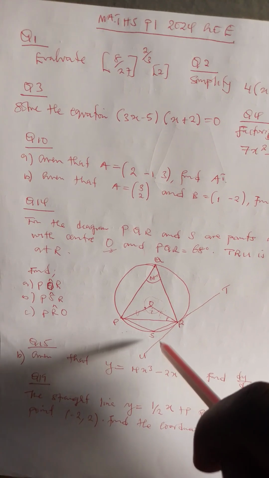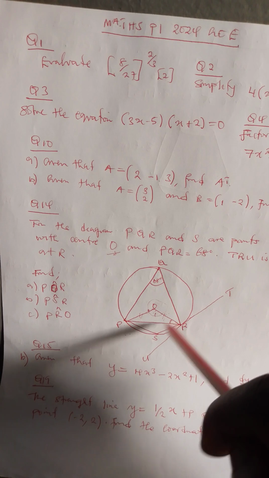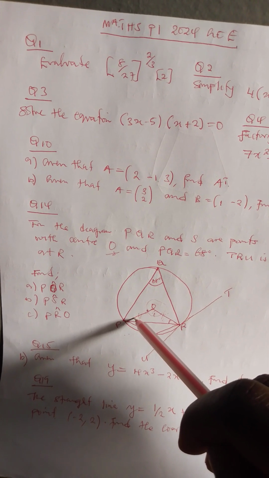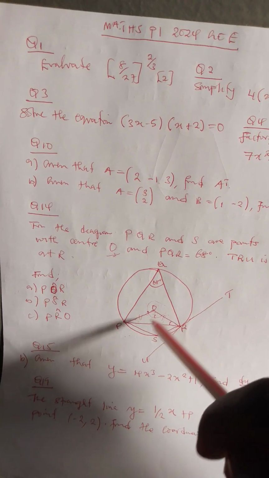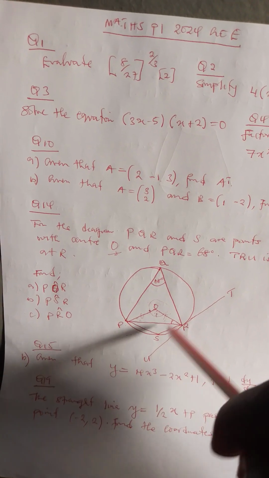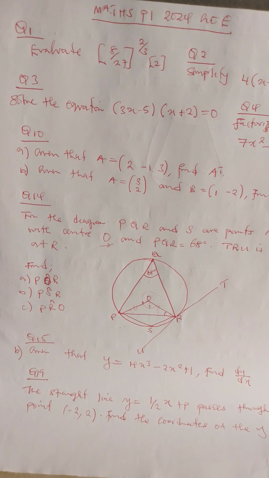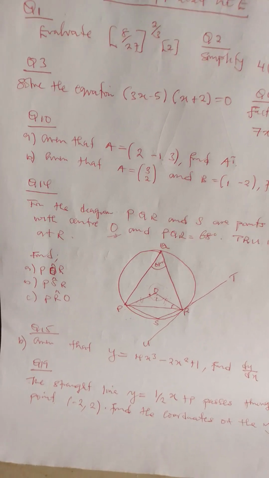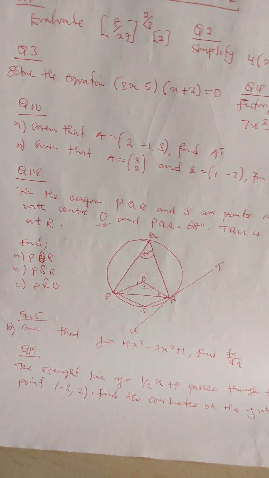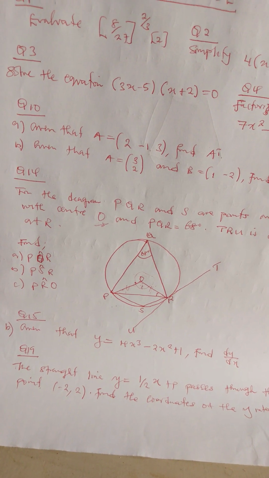Therefore, the angle here and the angle there are equal. Since I'm obtaining POR as a triangle, and I know that the sum of angles in a triangle adds up to 180, that is part C, angle PRO.